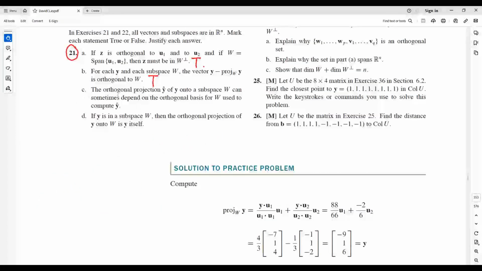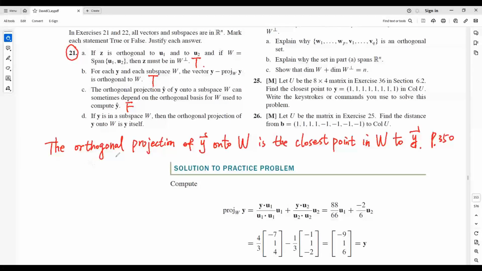C. The orthogonal projection y hat of y onto a subspace W can sometimes depend on the orthogonal basis for W used to compute y hat. False. The orthogonal projection of y onto W is the closest point in W to y. It does not depend on the orthogonal basis.